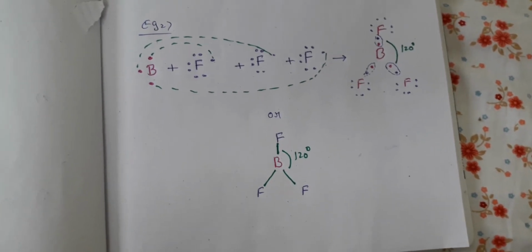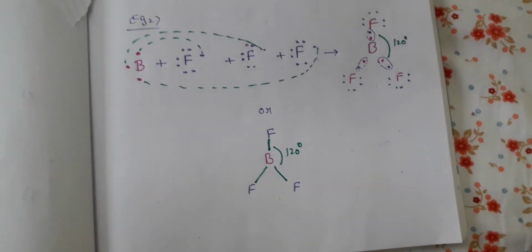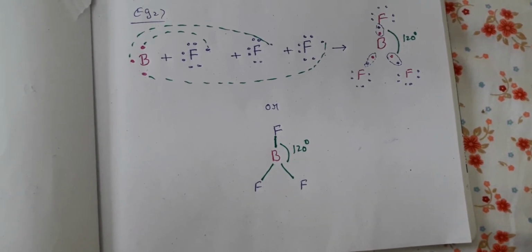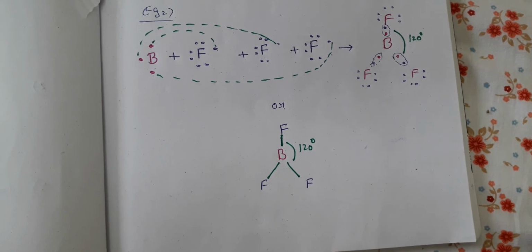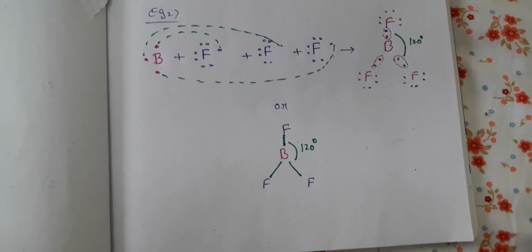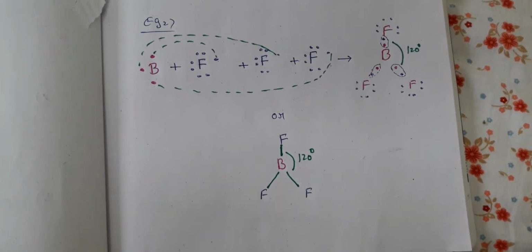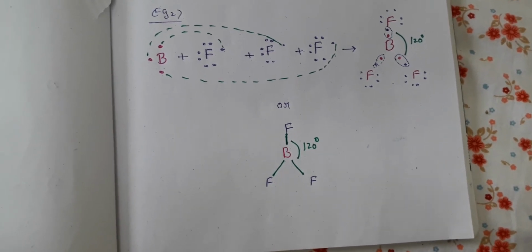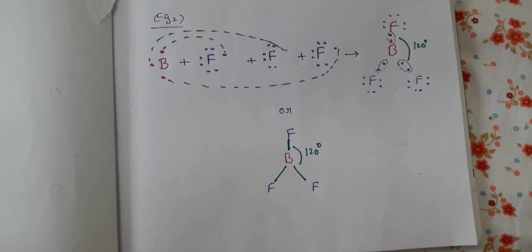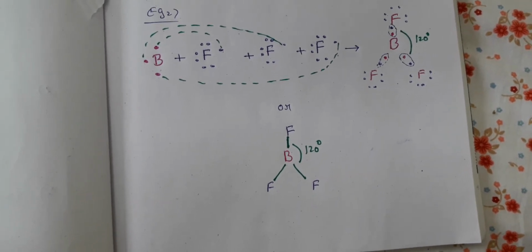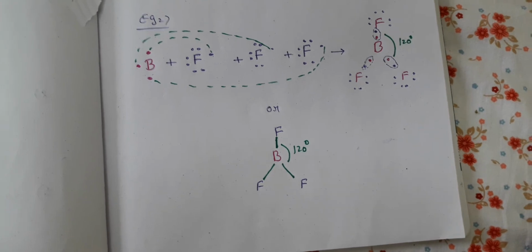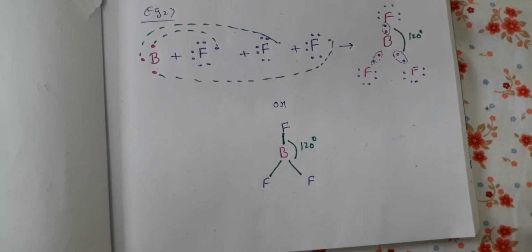methane. So in methane what do we have? 4 hydrogen atoms at the 4 corners of carbon, at the 4 sides of the carbon. And what is the valency of carbon? 4 only. That means whatever pairs of electrons are around carbon are only bond pair electrons, and there are no lone pair electrons.